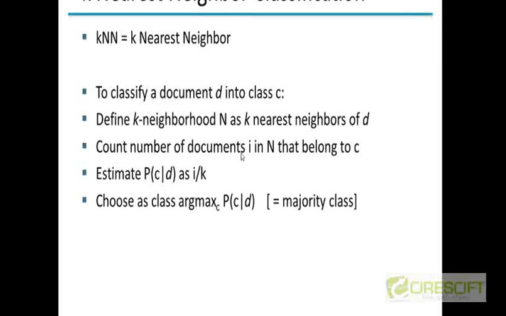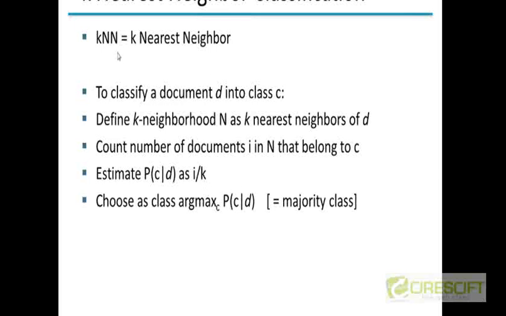So we just count the number of documents among those k neighbors which belong to different classes, and we pick the majority color and define the class of the test document to be that particular color.